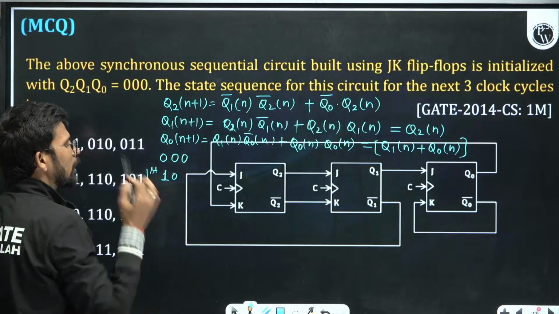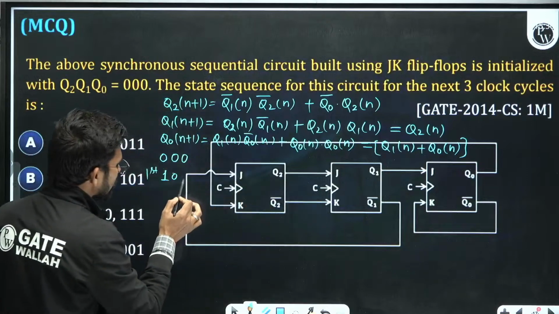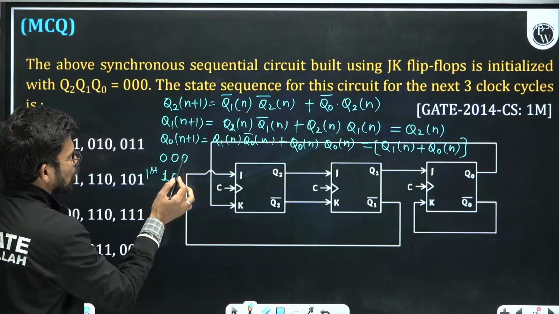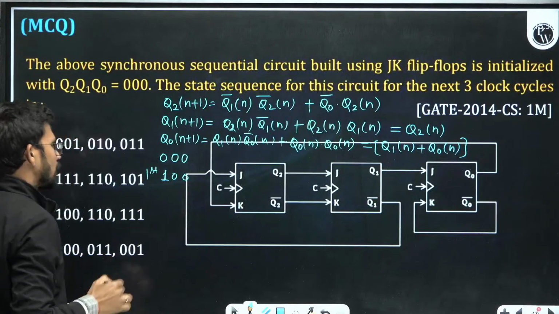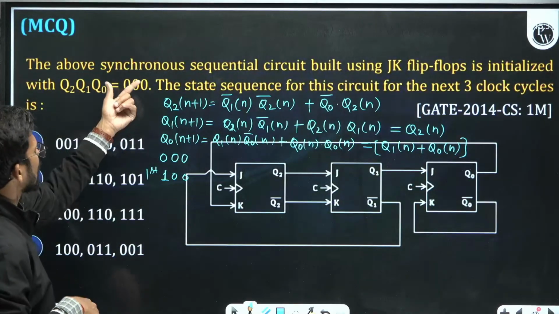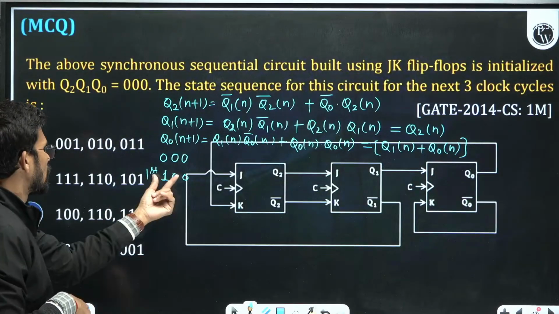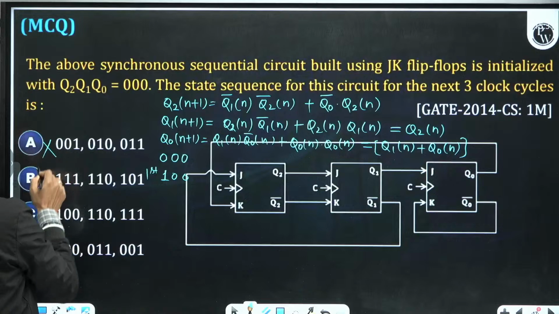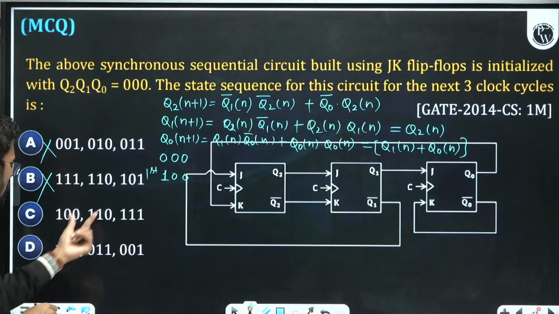And Q0(n+1) is Q1n plus Q0n. Q1n is 0, Q0n is 0, 0 plus 0 is 0. So after applying the first clock with the initial state 0, 0, 0, I am getting the first state as 1, 0, 0. So these two options are wrong. Whether this option is correct or this option is correct.